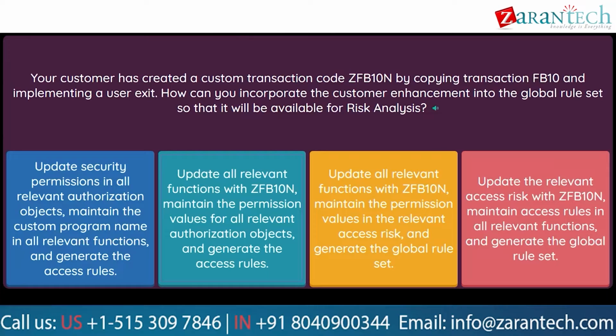Option 2. Update all relevant functions with ZFB10N, maintain the permission values for all relevant authorization objects, and generate the access rules. Option 3. Update all relevant functions with ZFB10N, maintain the permission values in the relevant access risk, and generate the global rule set. Option 4. Update the relevant access risk with ZFB10N, maintain access rules in all relevant functions, and generate the global rule set.